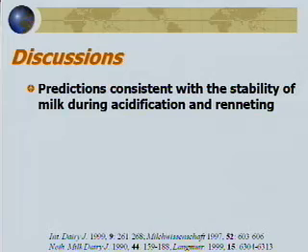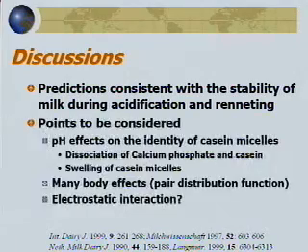But because casein micelles are not very stable under some specific conditions, I thought the following points might have to be considered. The first one that I thought of was pH effects, because literature shows that at pH other than neutral pH, casein micelle structure is going to change, specifically at pH closer to the isoelectric point. Calcium phosphate will dissociate from casein micelles, and so will individual casein molecules.